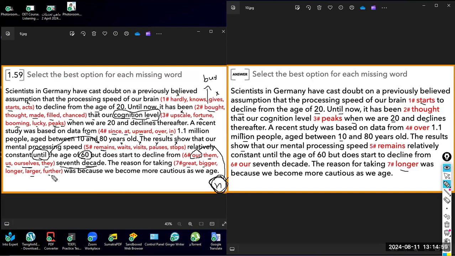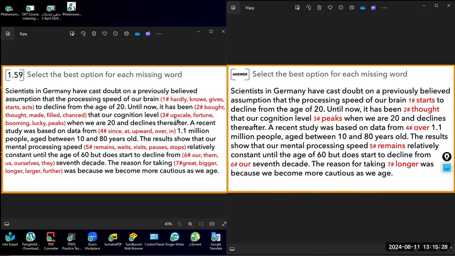So because I'm talking about time, I notice 20 years, 60 years. So, as I told you, I'm talking about time, I have to say longer time was because we become more cautious as we age. Okay, guys, so these are the correct words.